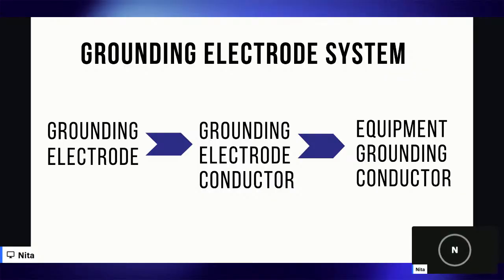So I've got my grounding rod that's driven into the earth. This is a grounding electrode. Now, again, everything has to be connected or bonded because I need a path. My current is flowing. It's constantly flowing. So I need a path that's uninterrupted. So I have my GEC or my grounding electrode conductor. This is the wire that connects the grounding electrode back to the main panel.